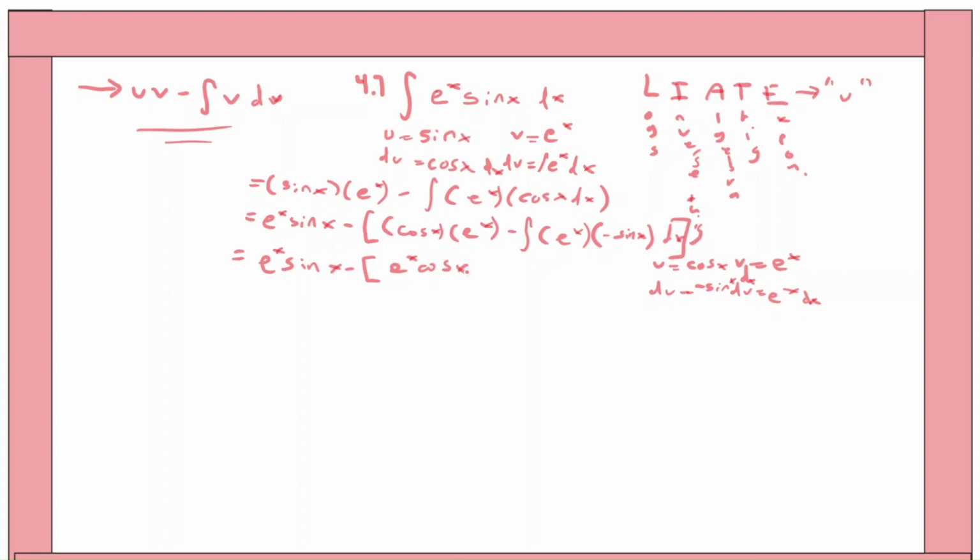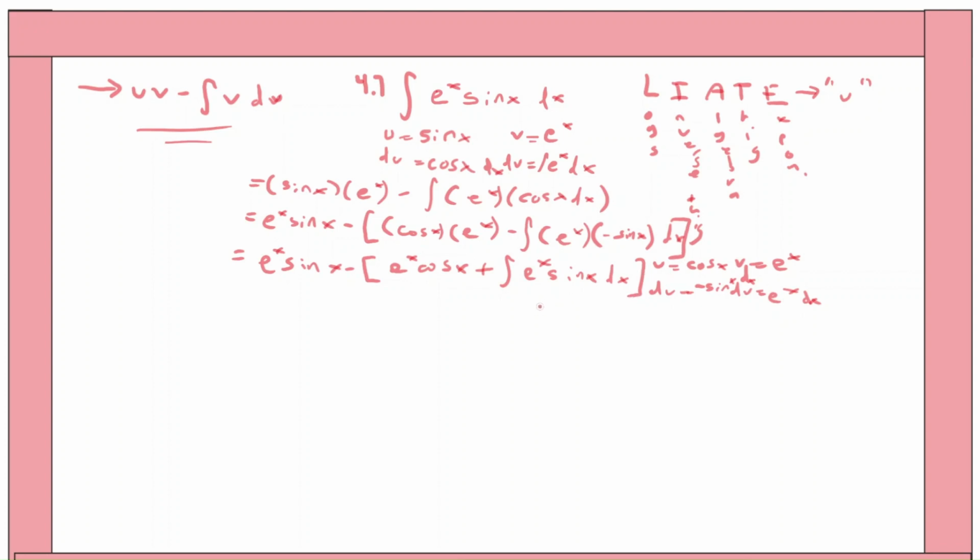We have enough parentheses kind of going around, so we're just going to combine this. And then, if you notice there's a negative here, there's a negative here. So we're going to take out this negative 1, and the negatives will multiply to become a plus. Then we're going to have e to the x sine of x dx, of course.